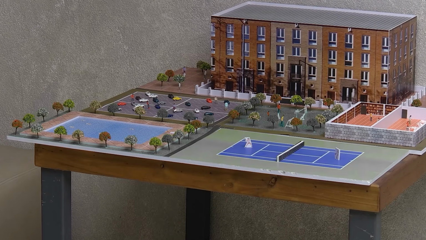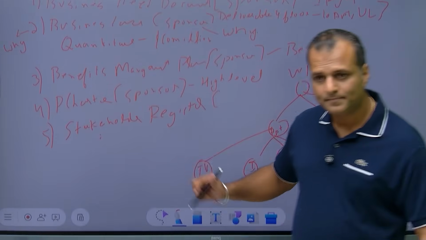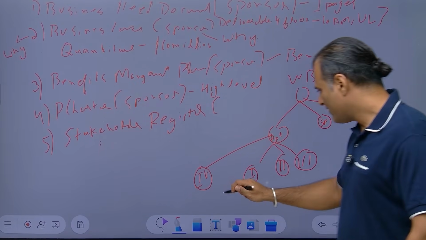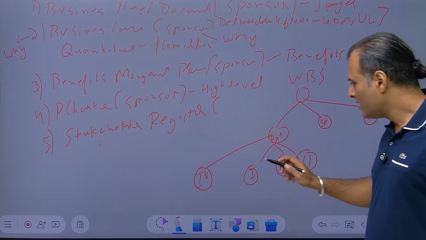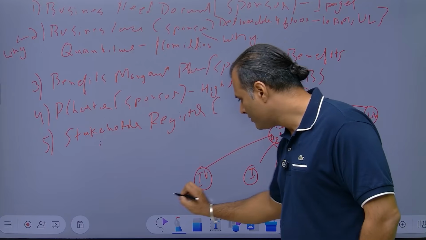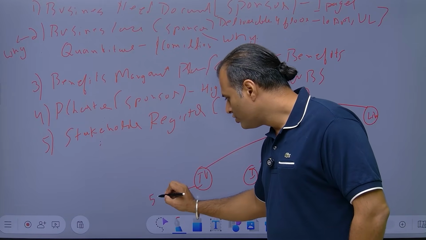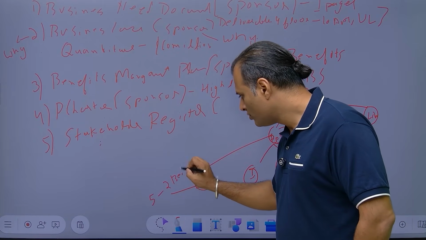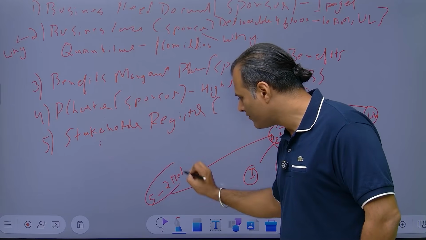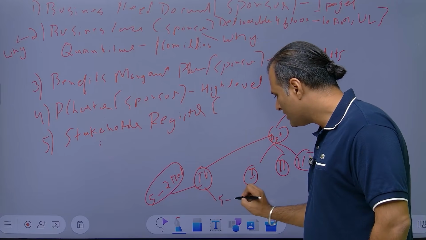Okay, now let's come back. We have written there would be 4 floors. Each floor will have 5 2-bedroom and 5 3-bedroom.